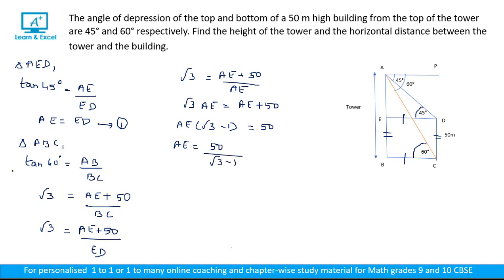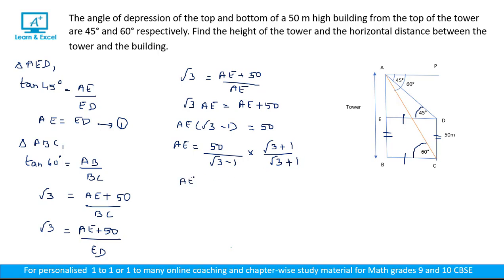Now to solve this easily, instead of making this 50 upon 1.73 minus 1, so then it will become 50 divided by 0.73, instead of doing this, let us rationalize. So we will multiply this by root 3 plus 1 upon root 3 plus 1.